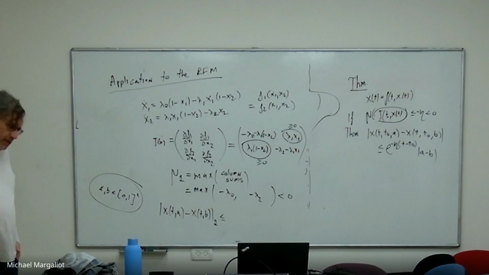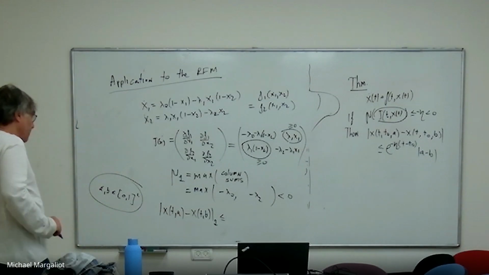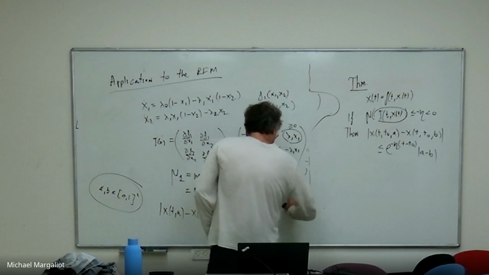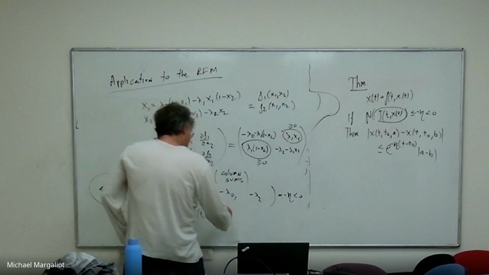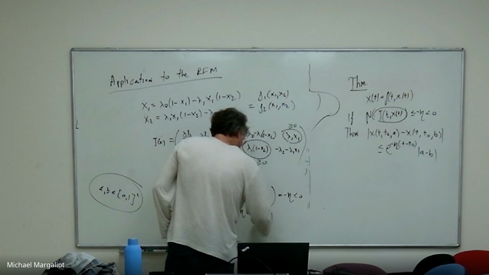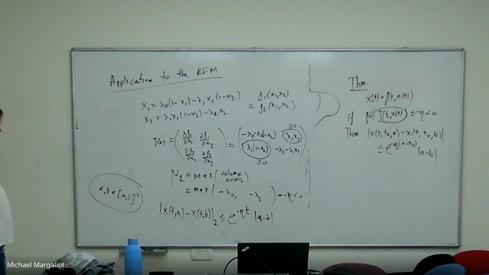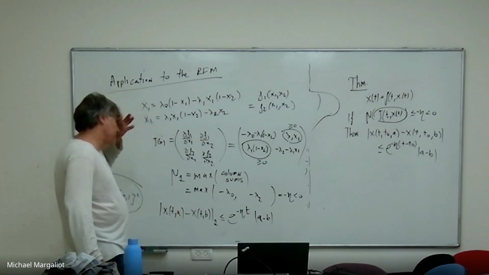Our state space in this case is a two-dimensional unit cube. And the conclusion is, let's call this minus zeta. It is negative, of course, it depends which one is bigger, but it's minus zeta: the norm is at most e to the minus zeta t times the norm of A minus B. So any two solutions of the system contract to each other by this formula.